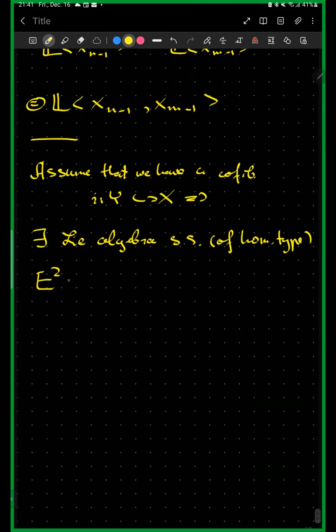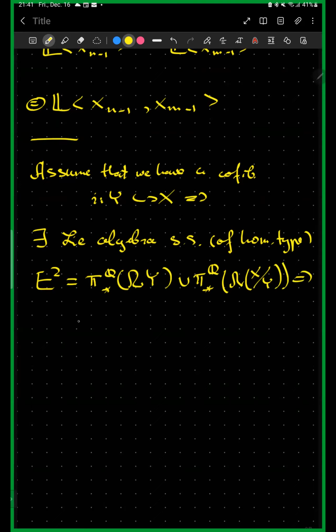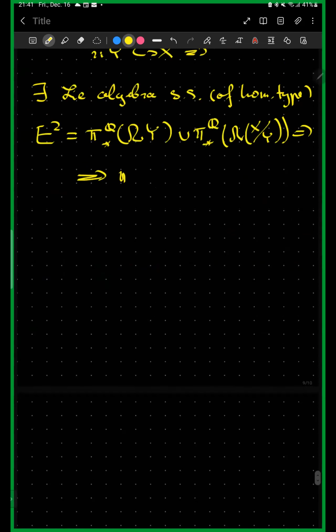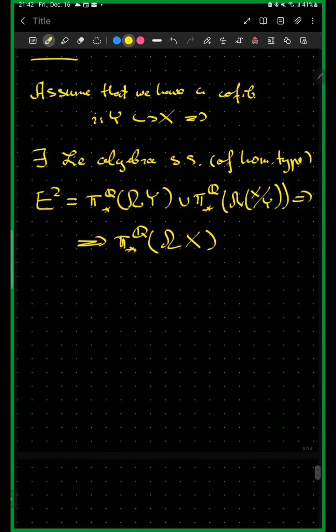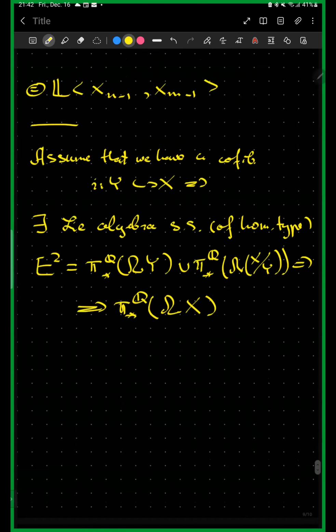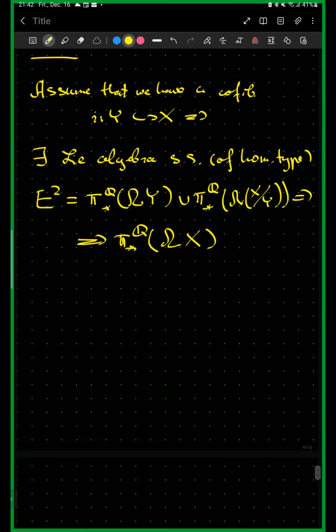Its E2 page is a co-product of the Lie algebra on the loops of Y with the Lie algebra on the loops of the cofiber, and it converges to the Lie algebra on the space X.